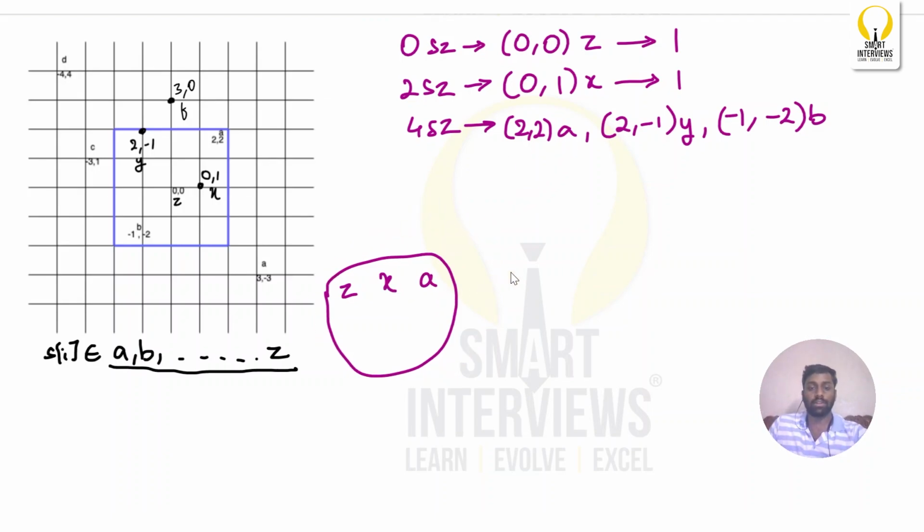Hence, I can insert this element with tag A. So, this goes into my answer. Next, I get an element with tag Y. Does my Y tag element exist in my data structure? No. So, again, I insert this tag. This has been inserted into our valid square. Next, I move on to the next element where I find minus 1, minus 2 with the tag B.